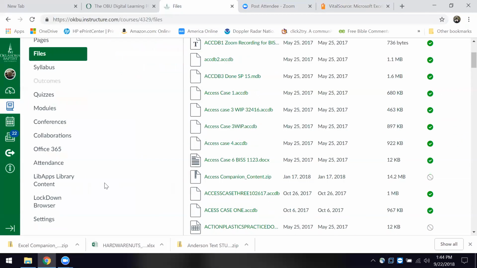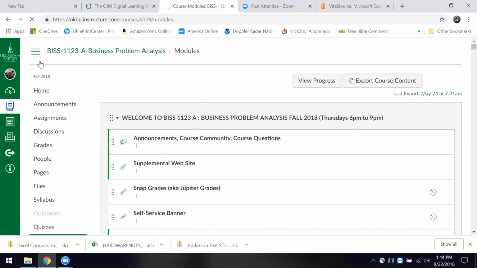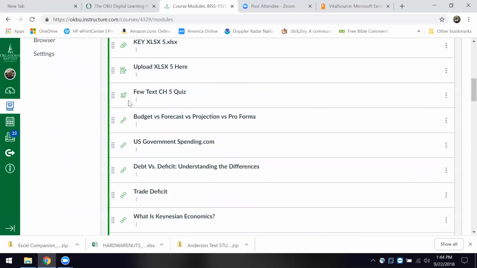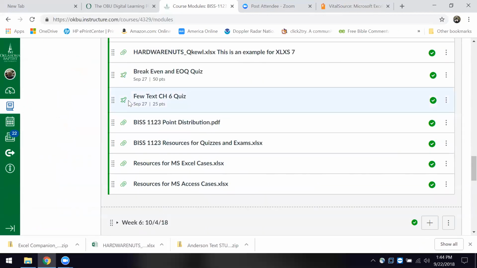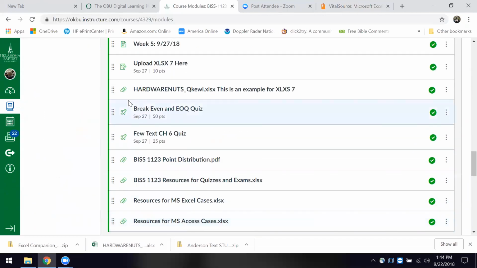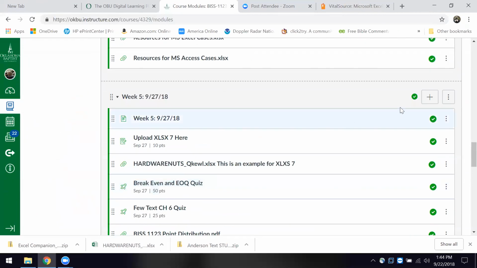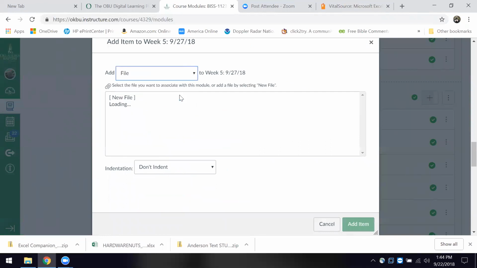It's uploaded. Now I'm going to come over to the modules. We'll come down here to the XLS7. And I'm going to add that file.